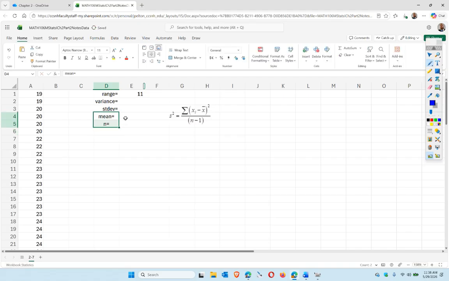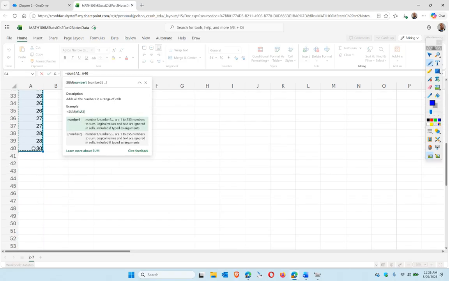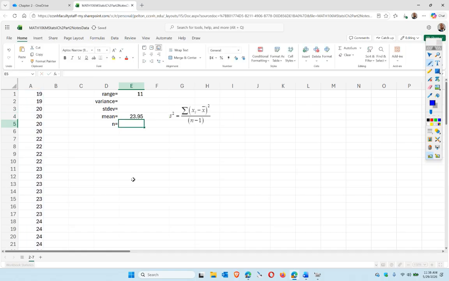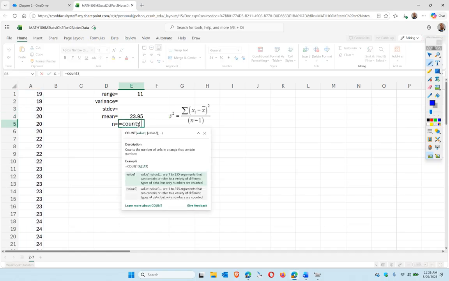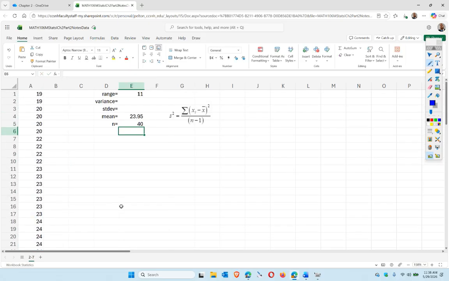Alright, so the sum of all those values, and there are 40 of them, so we're going to divide by 40. So that is the sample mean, right? That's the x bar. And you can count them if you need to by doing the count, which we already know there's 40. Okay, so there's 40 values, right?